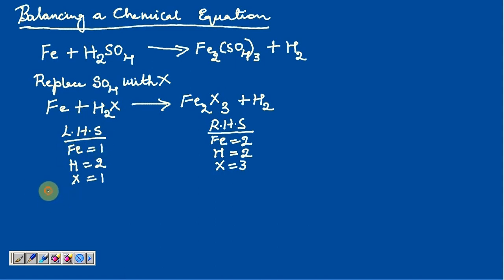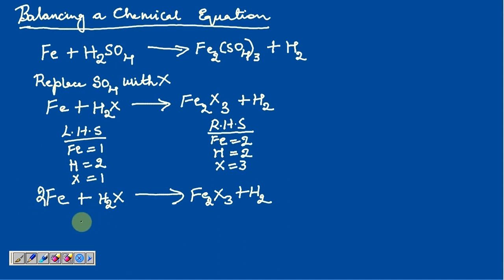So I'll write the equation again: 2Fe plus H2 plus X, giving Fe2X3 plus H2. Since Fe is 2 on the right hand side, we multiply Fe by 2 on the left. So iron is balanced: it is 2 on the left hand side and also 2 on the right hand side.